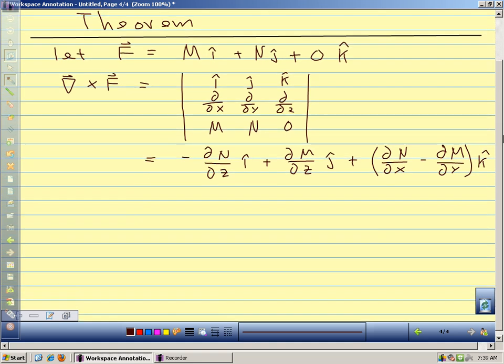So do we recognize any of these quantities? This one is what we use in Green's theorem, right? So we're going to now take the dot product of our curl, del cross f, with k. That'll isolate this component. So del cross f dot k is just this quantity.